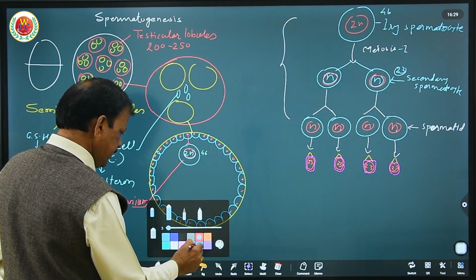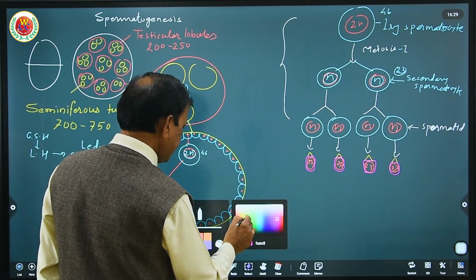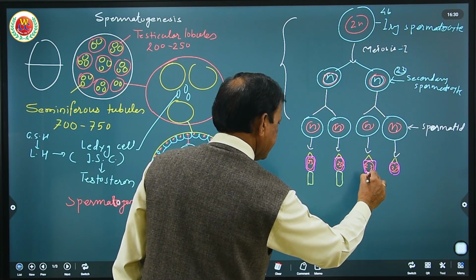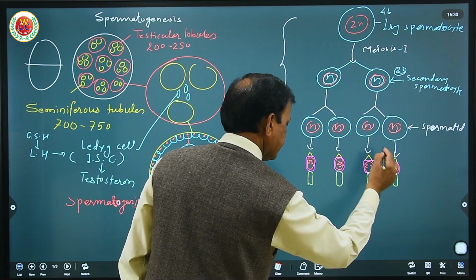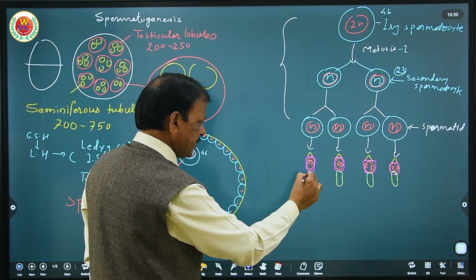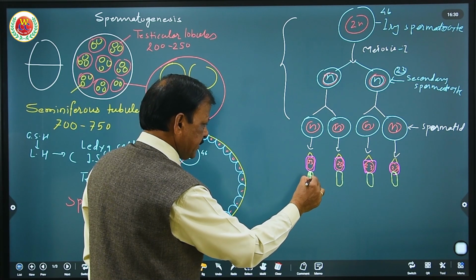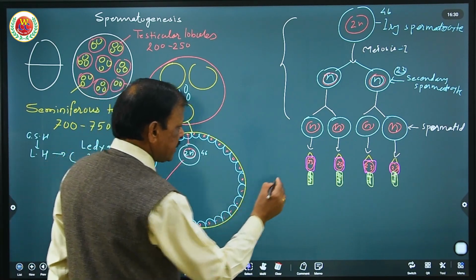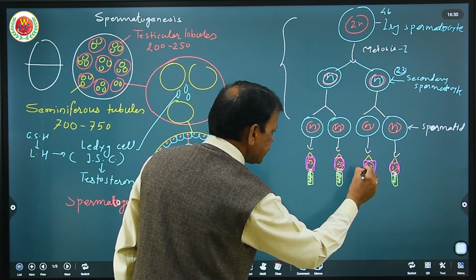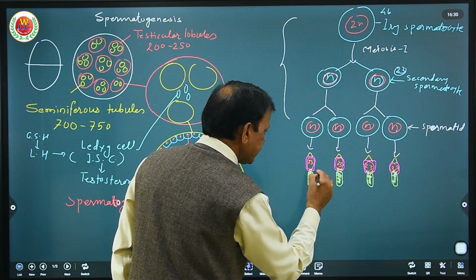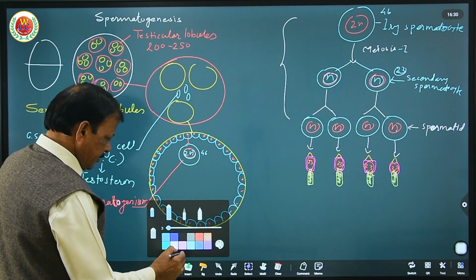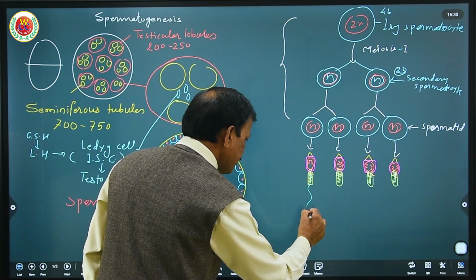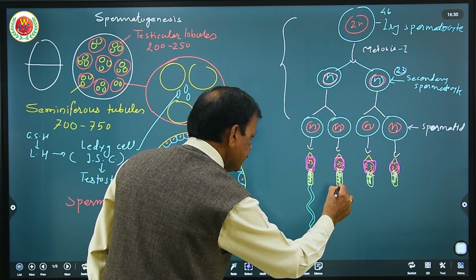Then there is a middle piece with mitochondria and granular cytoplasm, with fibers. The proximal centriole is in the nucleus and the distal centriole is located in the middle piece. Then there is a long tail extended from the middle piece.